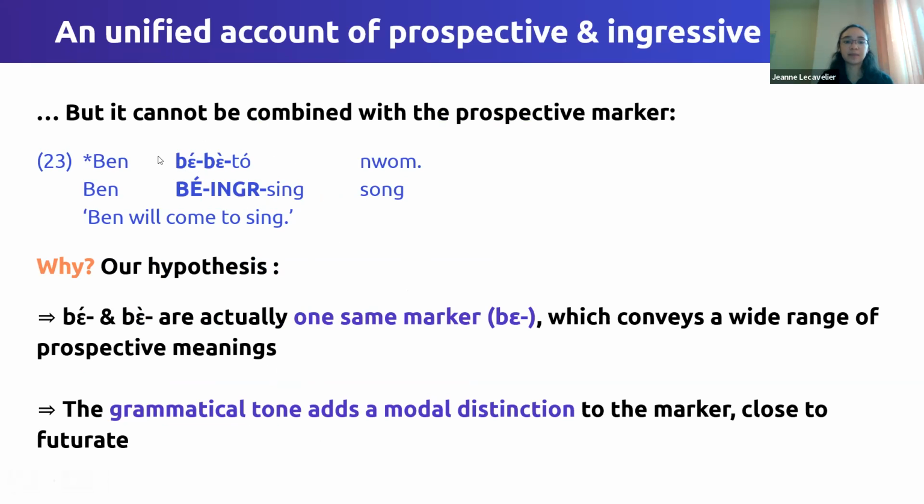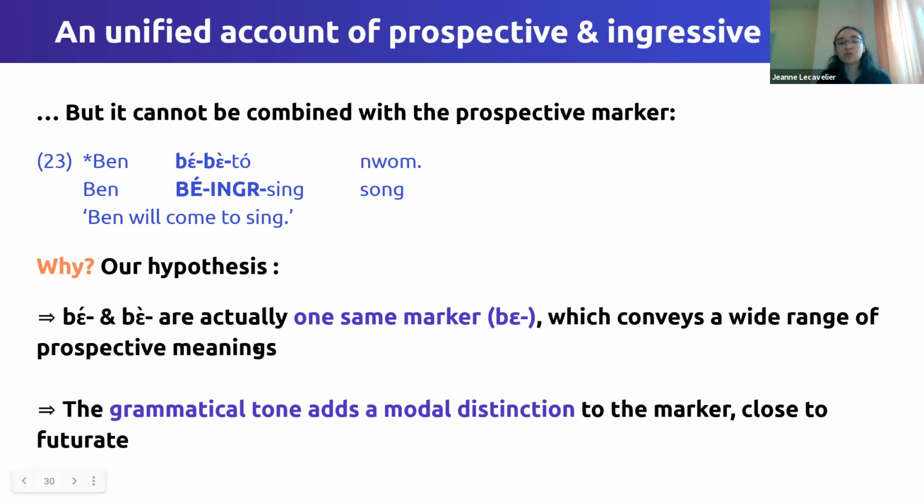You cannot say "Ben will come to sing", even though that would make sense, because the B plus high tone is also an aspectual marker, and from a logical point of view, this would make sense, you know.